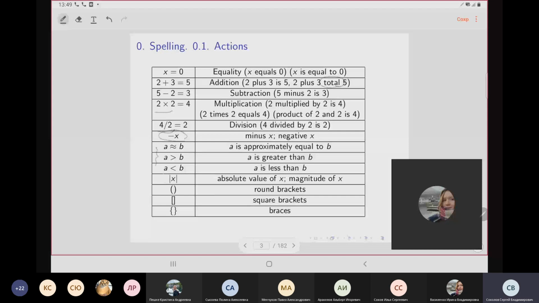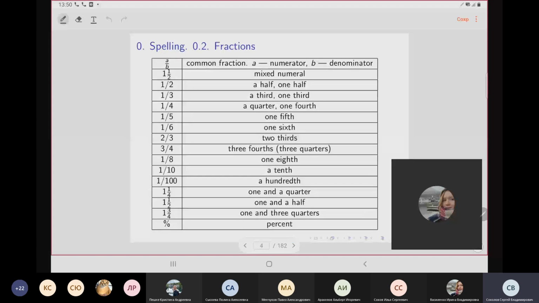Next one is absolute value or magnitude of x, or mean value. Some brackets: round brackets, square brackets, and braces. Next, fractions. A divided by b is a common fraction with a as a numerator and b as a denominator.